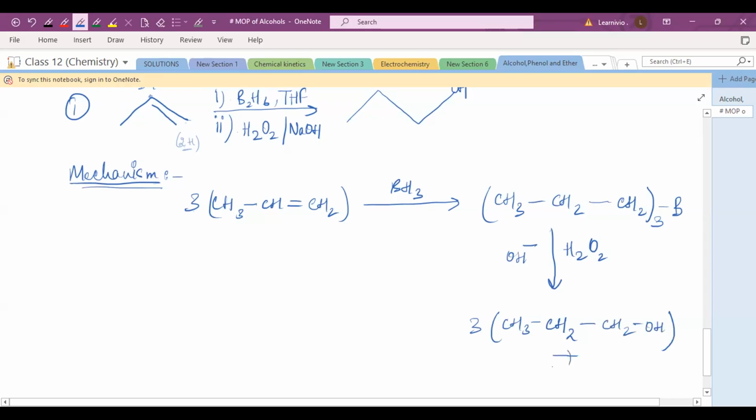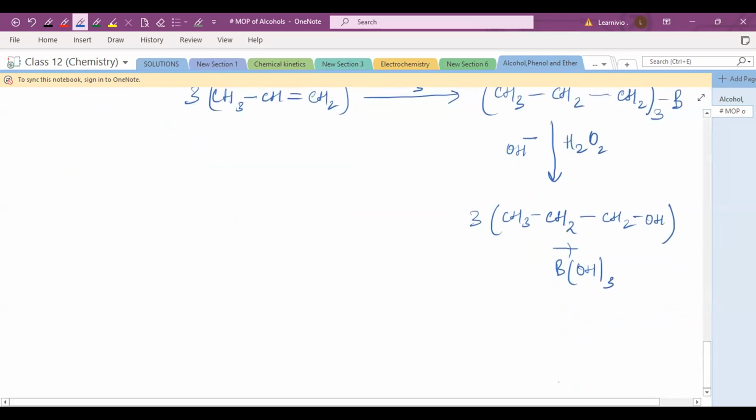And your byproduct will be B(OH)3. So first step is always the addition of boron, and the second step is the oxidation, in the presence of hydrogen peroxide and in the basic medium of NaOH. Is it clear? Yes, ma'am. Okay.